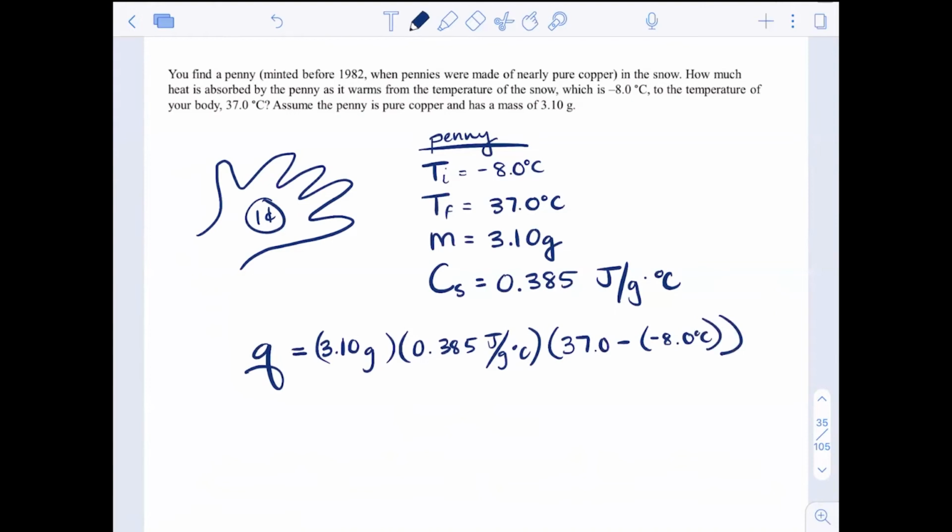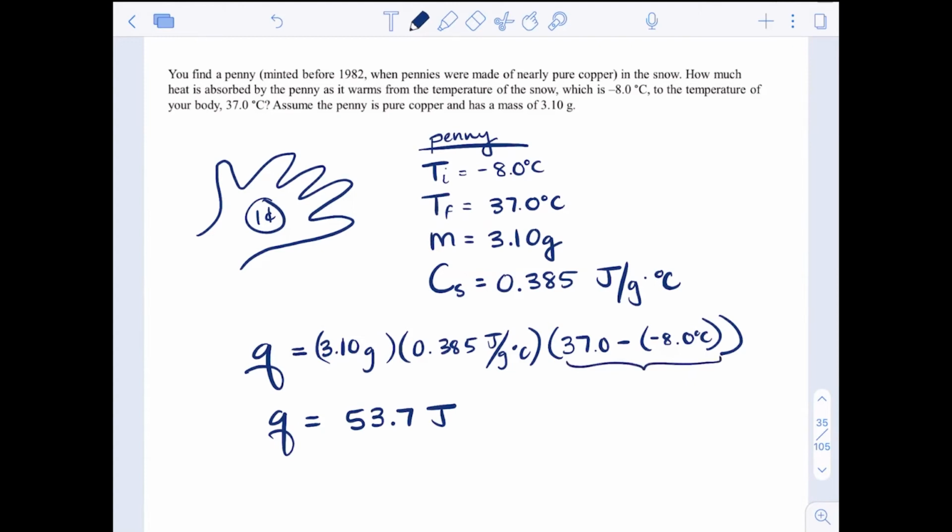If we don't set up the change in temperature correctly, we will not have the correct energy exchange. So Q for the copper penny is going to be equal to 53.7 joules.